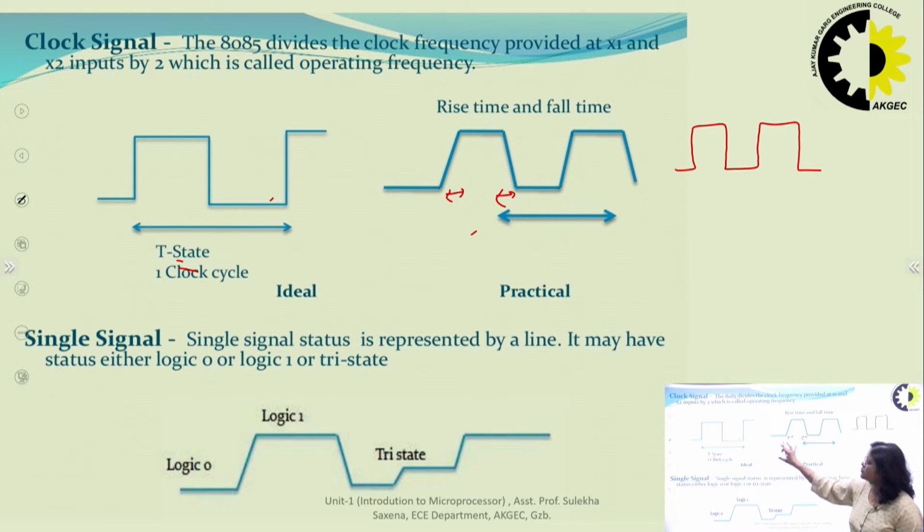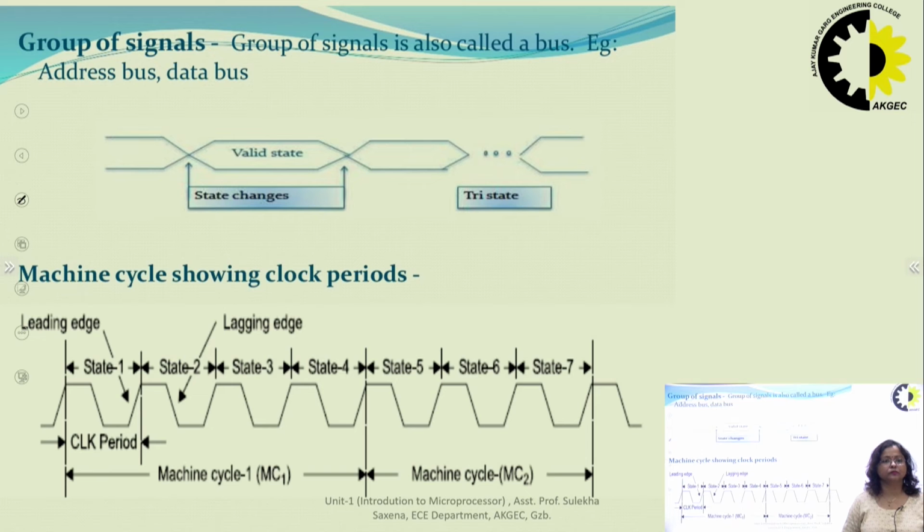So first of all, the very important signal is the clock signal, and with respect to the clock signal we draw all the signals and buses. For signals we use a single line, whereas for buses we use a double line. For logic 0 we use this type, for logic 1 we use this, and for tri-state we use this type of signal, not 0, not 1.